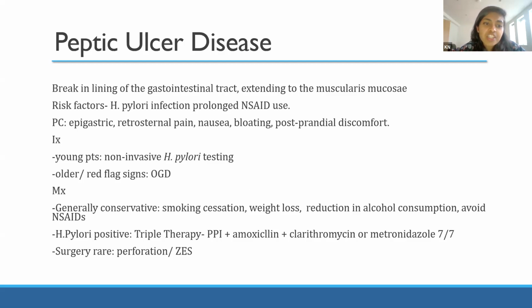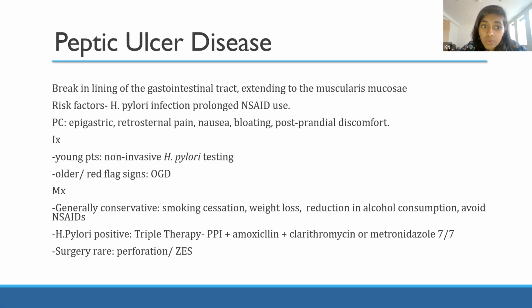And your investigations you want to tailor to your patient. A peptic ulcer is technically an endoscopic diagnosis. That doesn't mean everyone needs an endoscopy, because you want to balance the risks and benefits of the procedure. So in a young patient who's got minimal risk factors, who you're not particularly worried about it being something malignant or sinister, you're not necessarily going to run to do an OGD on them.